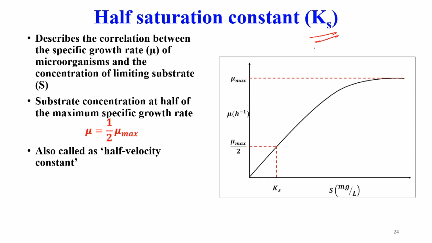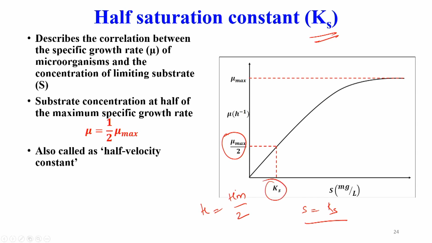Next constant is Ks, the half saturation constant, as we have discussed, very similar to the Vmax. When mu equals mu max upon 2, then S becomes equal to Ks.